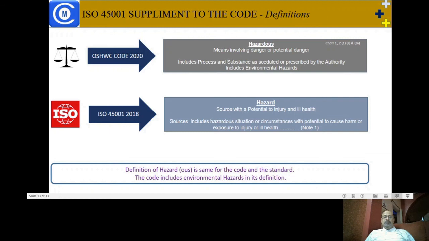So the domain of this hazardous definition is quite big in the code. We'll have to look for processes, substances, everything which can be hazardous to the health and safety of people working within our premises, within the premises of the organization.